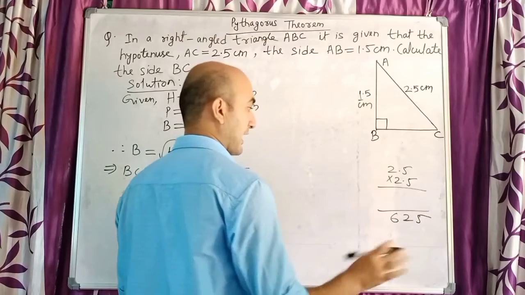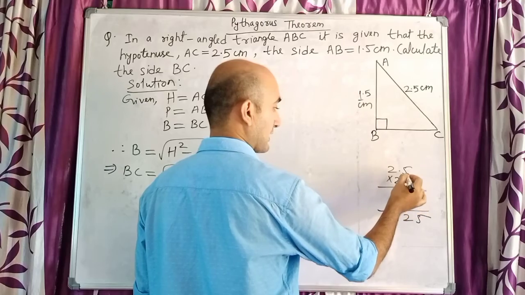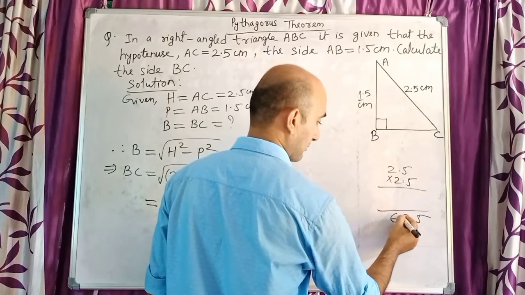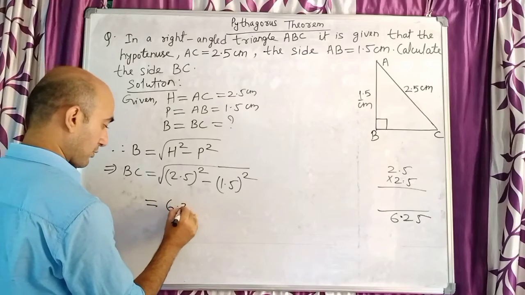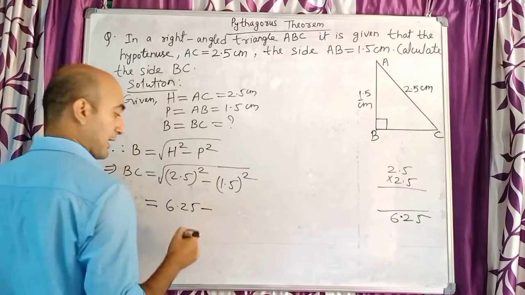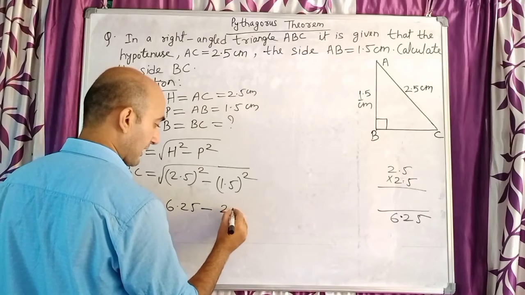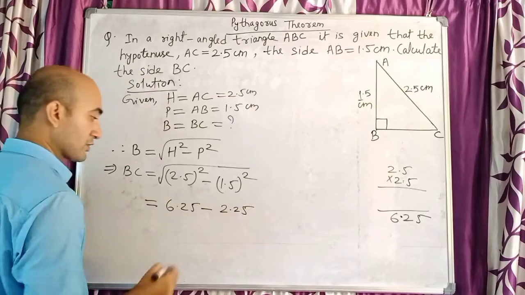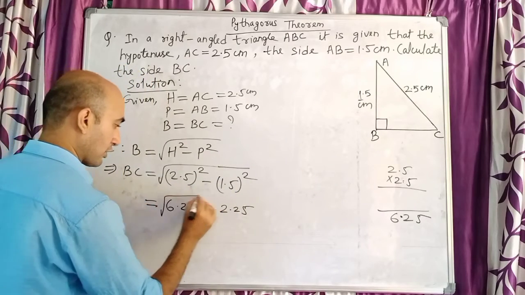Your result will be 625, and after two numbers there is decimal: one number here, one number here. So after two numbers you put decimal. My result is 6.25. So 6.25 minus 1.5 into 1.5, actually it is 225, but I will write 2.25 because after two numbers there will be decimal, and then my root over comes here.